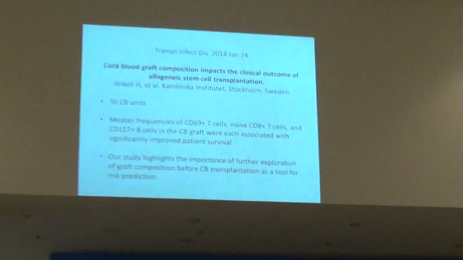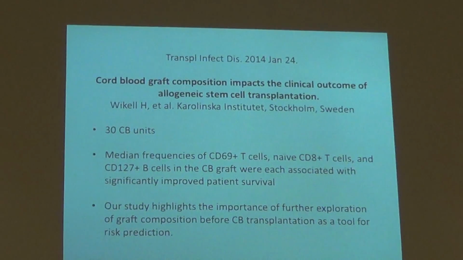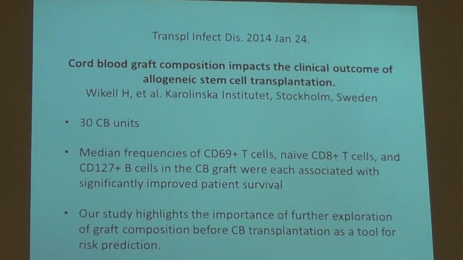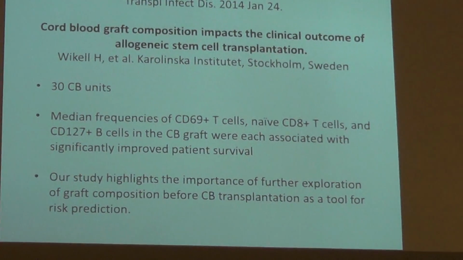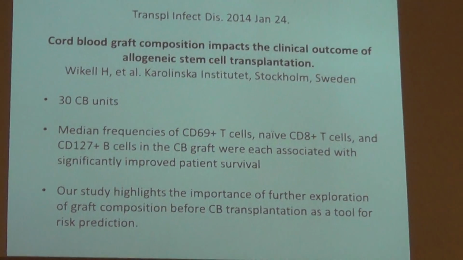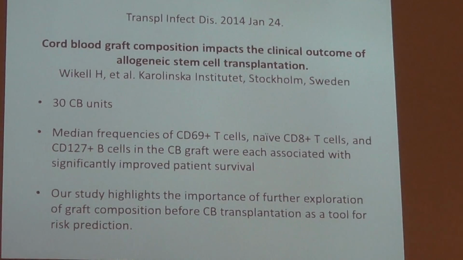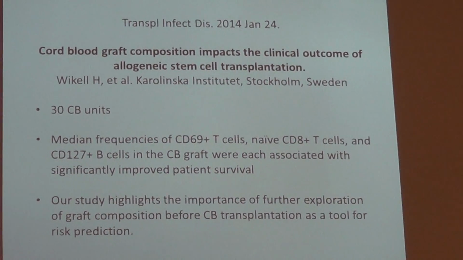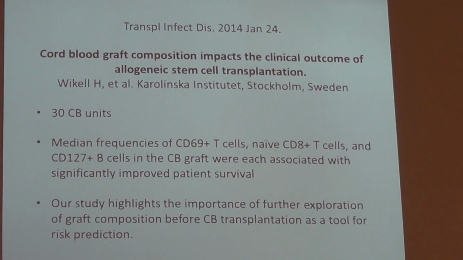And the last, and I think this is a matter for research for the people who are working in the cord field, we want to explore better the T-cell component of our graft to improve survival. The Karolinska group was the first to show that the content of certain subpopulations of lymphocytes in the graft has a very big impact on outcome.